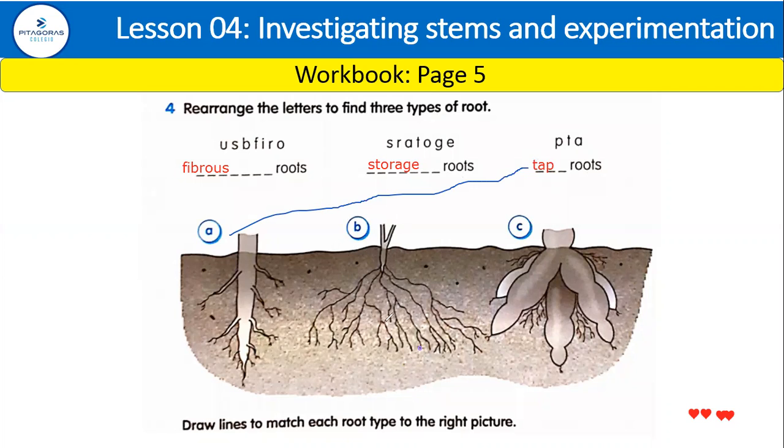Letter B, storage or fibrous? Yes, it's a fibrous. And letter C, it's a storage root. Very good, my dear students. Congratulations. Stars for all of my students.